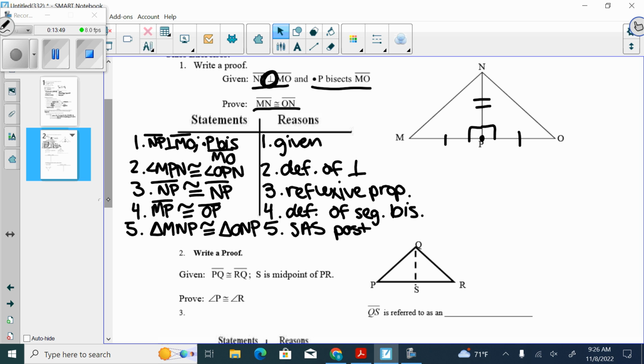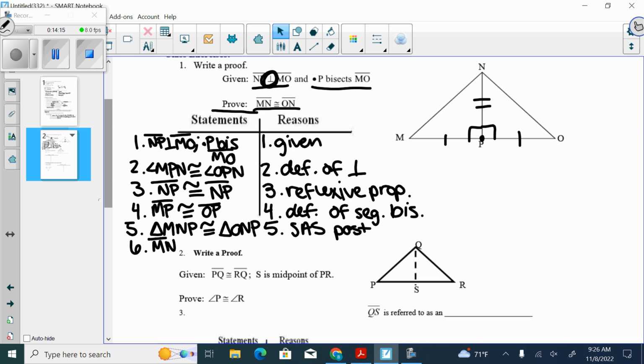All right, so we've now proved that the two triangles are congruent, but we were not able to mark that MN and ON were congruent, which is what they wanted us to prove. However, since we've proven that the two triangles are congruent, that means all of its sides and all of its angles are congruent now, right? So now I can make this as my last statement.